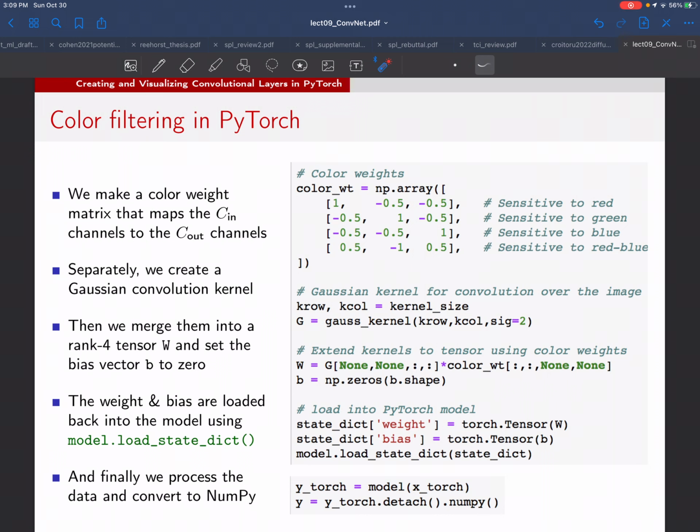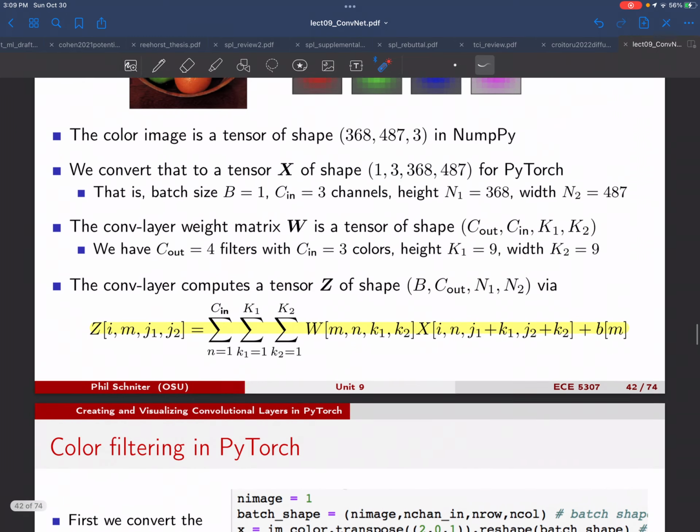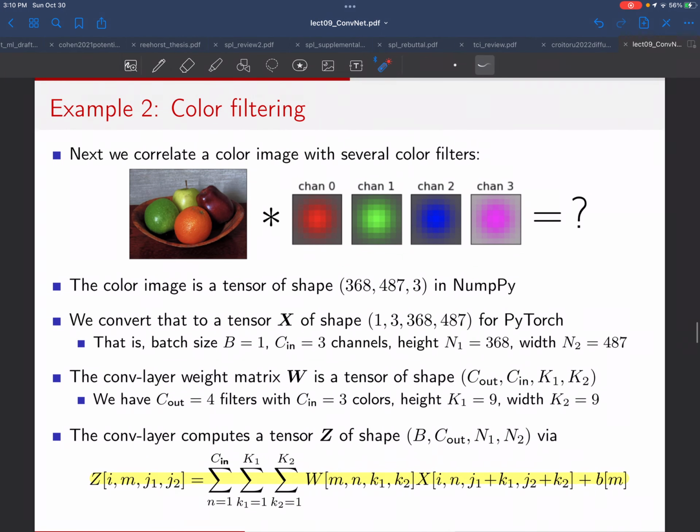We're going to think about the color processing and the spatial processing, the convolution, separately. That is because, in the special way that we're creating these, spatially they all look the same. They're all a Gaussian kernel. The only thing that's different is the color of each one.